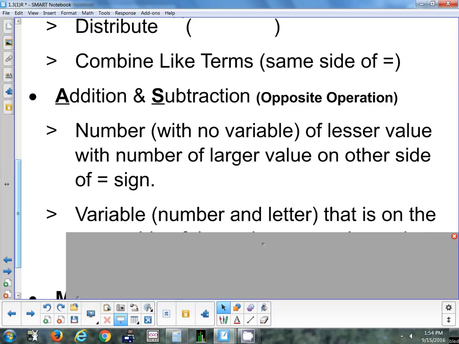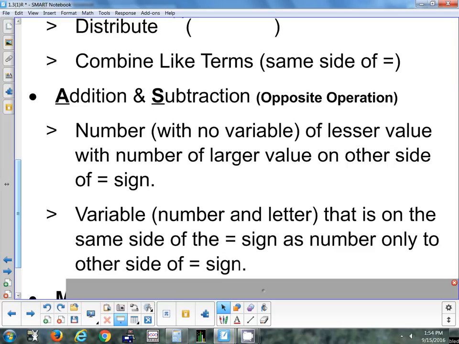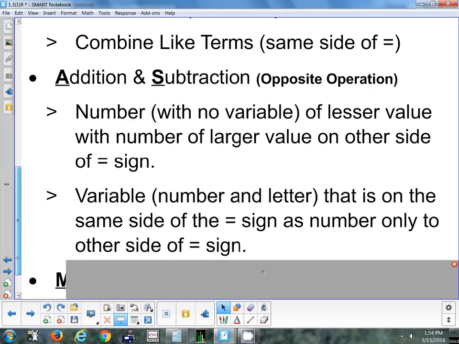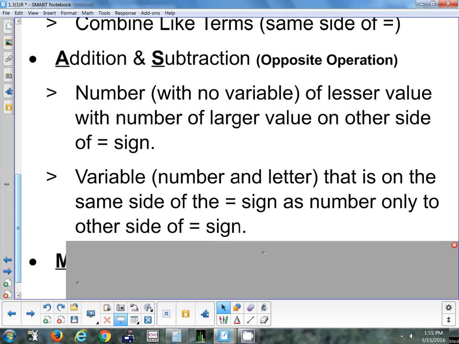All right, so not only do we have to do addition and subtraction with the numbers, we might also have to move letters from side to side. Okay? This is the part that we've never had before. Okay, so we're going to take the variable that's on the same side of the equal sign with the number, and we're going to move that to the other side.